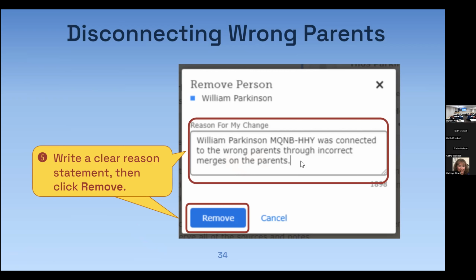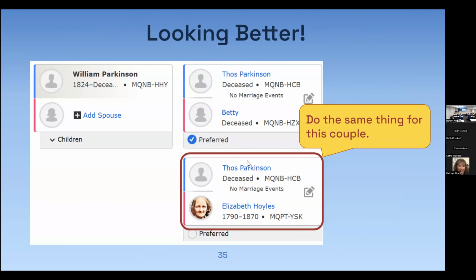What that does is it tells people if you want more information, go to the parents, look in their change log at the wrong merge, and you'll be able to get the additional information that you need. But for here, I think this is clear enough and it's sufficient for just about any user that would come along. So after you've done that, you click remove and look, the wrong parents are gone.